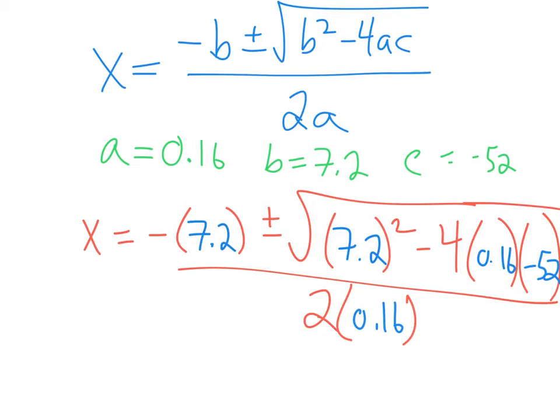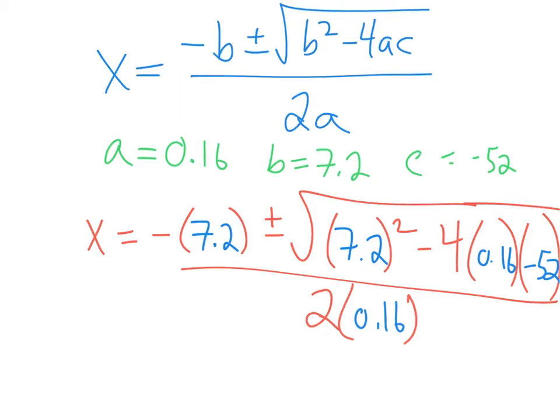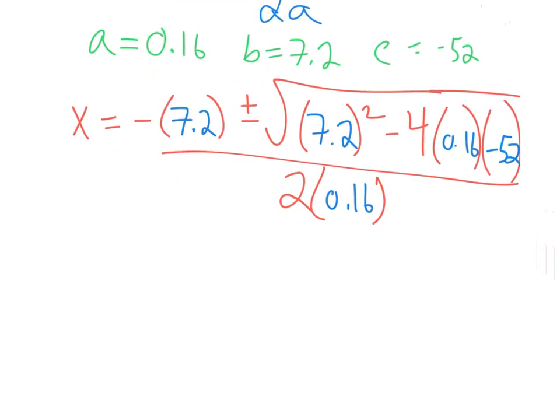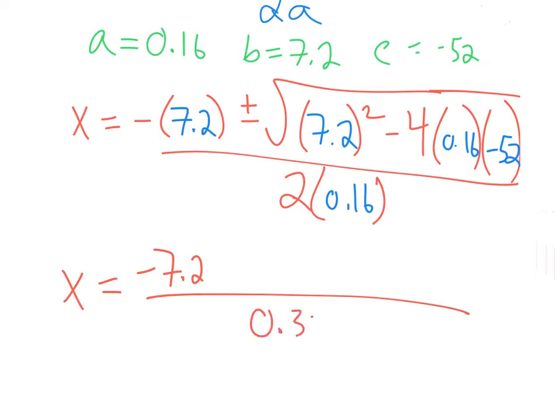Next, we're going to follow BEDMAS and calculate these values. So negative bracket 7.2 becomes negative 7.2. The denominator is 2 times 0.16. So that's going to become 0.32. The plus or minus we can't deal with yet.